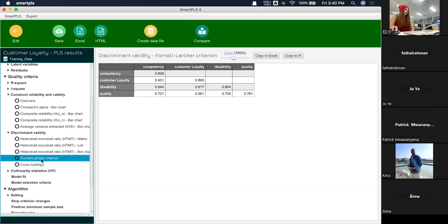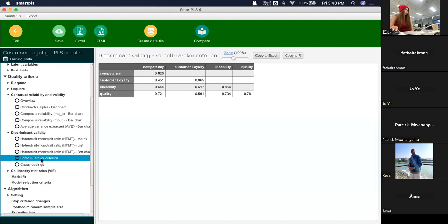Approximately 0.826, right? Yeah. Thank you. Now, if you take a look at the first figure, the first figure there is 0.826. And that value is the square root of the AVE of competency.